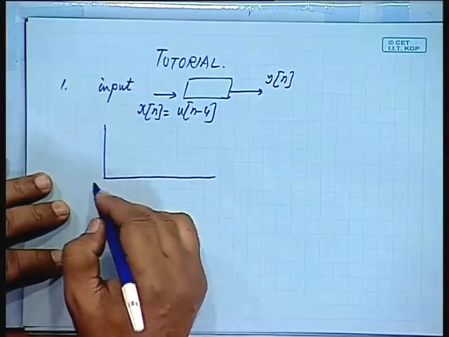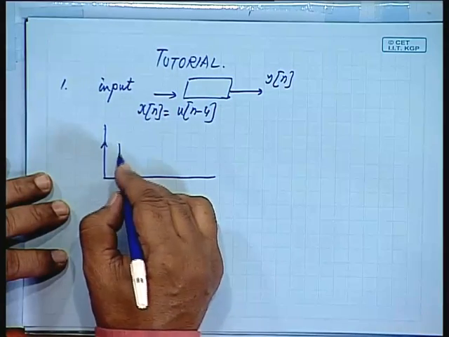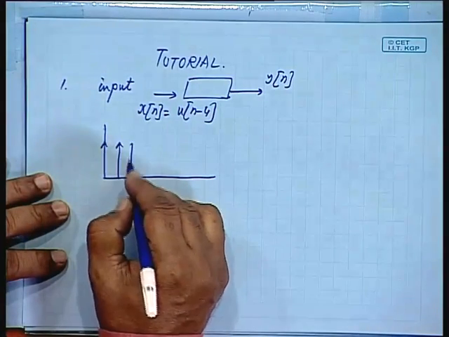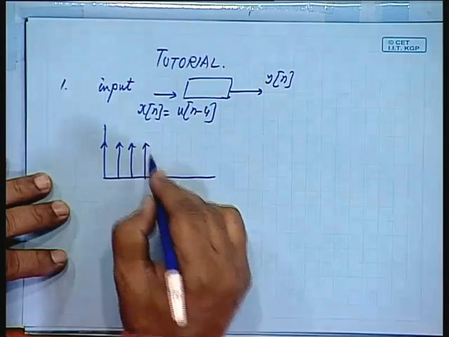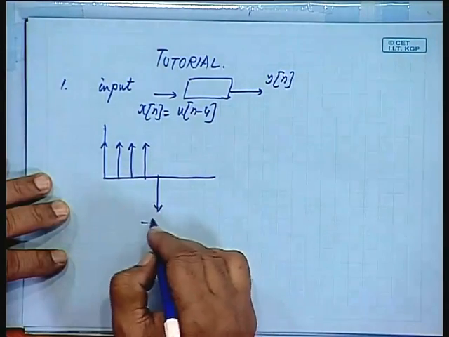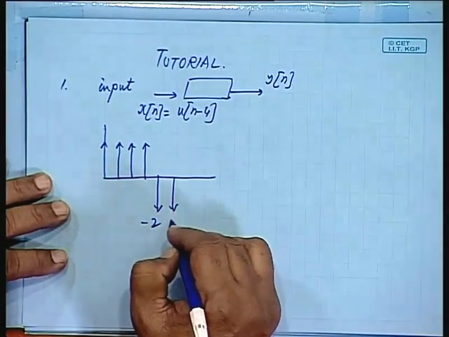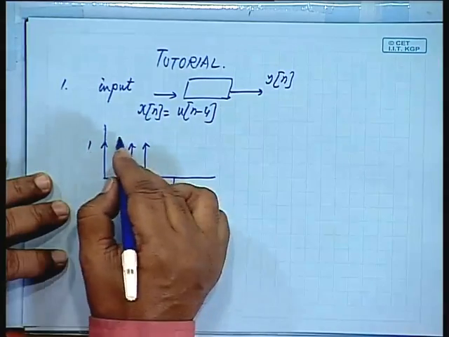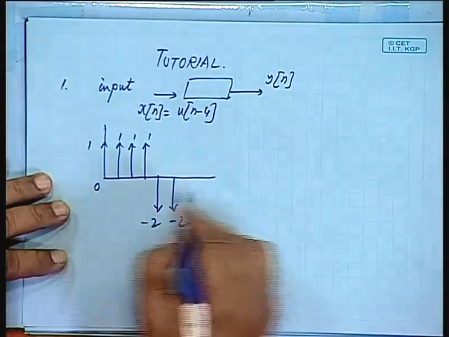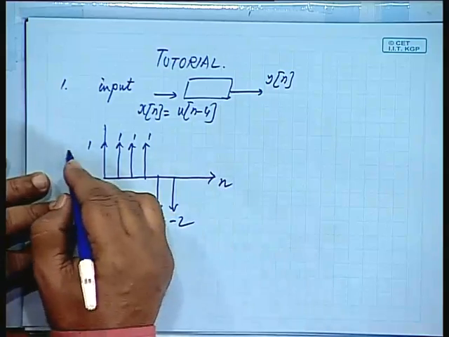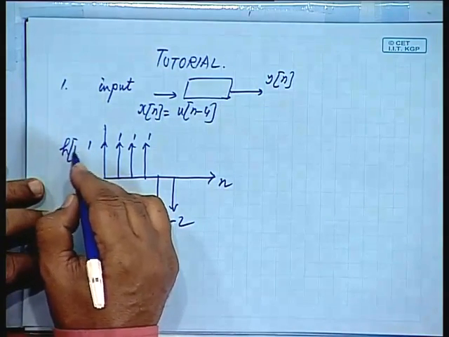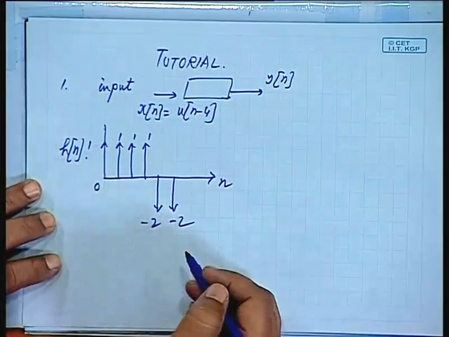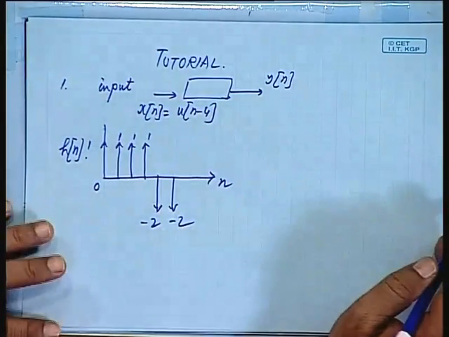You are given the impulse response as minus 2, minus 2, 1, 1, 1, 1. Okay. So, this is the impulse response h[n] and you have to determine the output y[n].